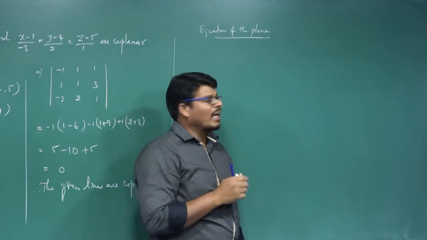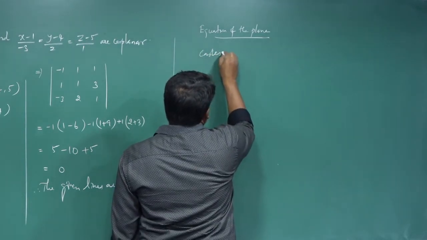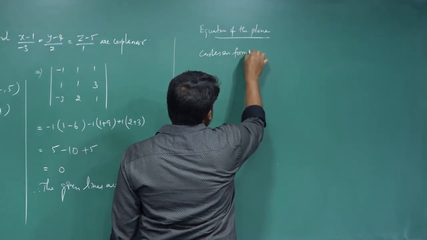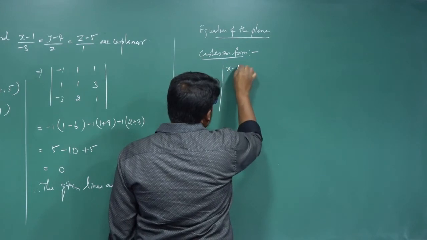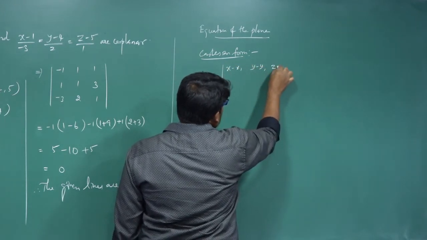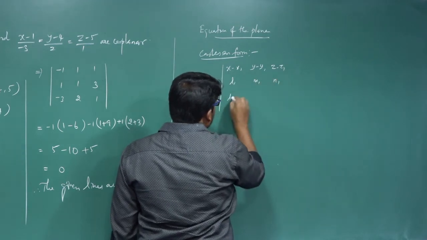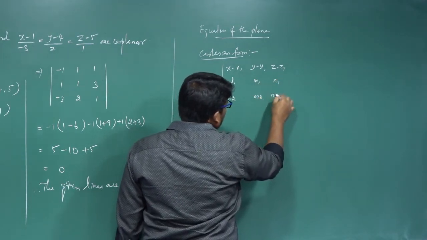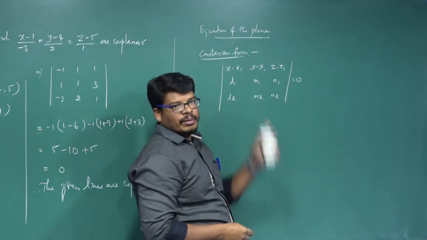Now write it in Cartesian form. The Cartesian form is the determinant of x minus x1, y minus y1, z minus z1, L1, M1, N1, L2, M2, N2 equal to 0, which is the Cartesian form of the equation of the plane.